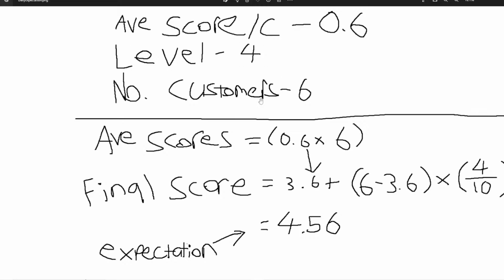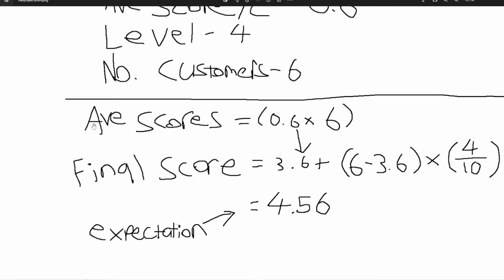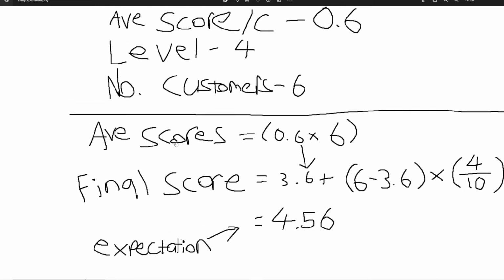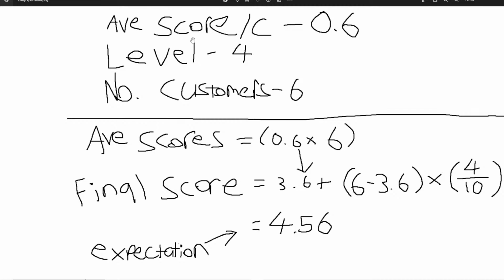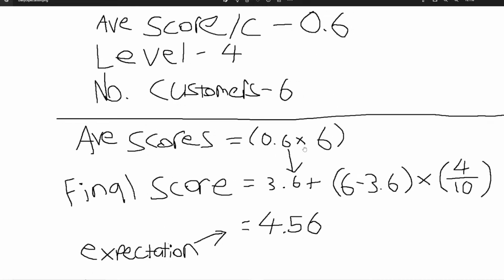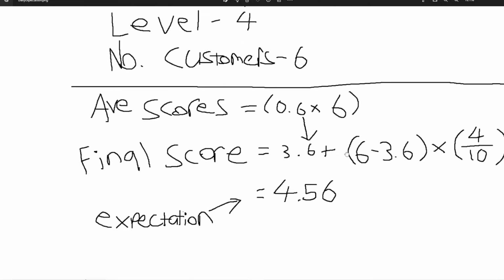So anyways, you got these 3 variables. I will make the total amount of average scores, which will just be the average score per customer, with the applied number of customers. So as you can see, you get 3.6 here.